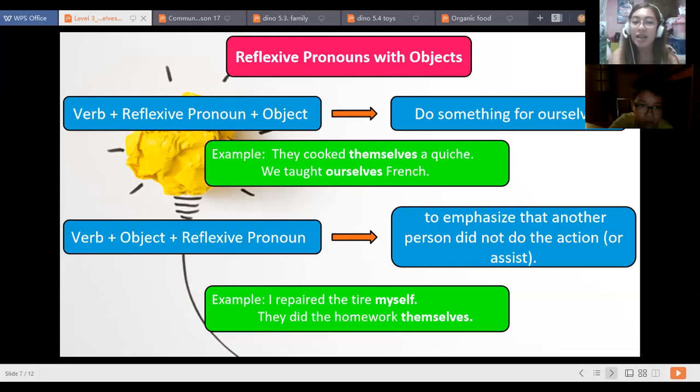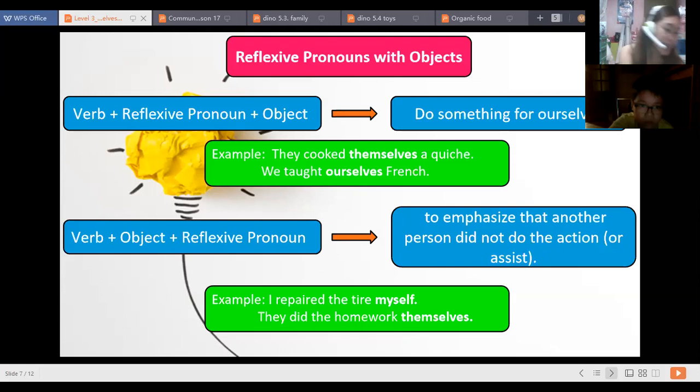Okay, so the second: verb plus the object plus the reflexive pronoun. They use it to emphasize that another person did not do the action or assist. Okay, for example, I prepared the tire on myself. They did the homework themselves.